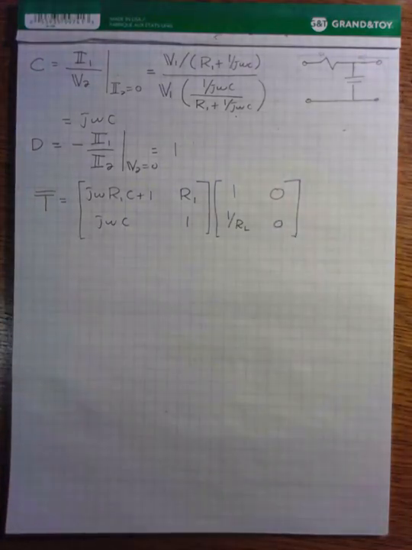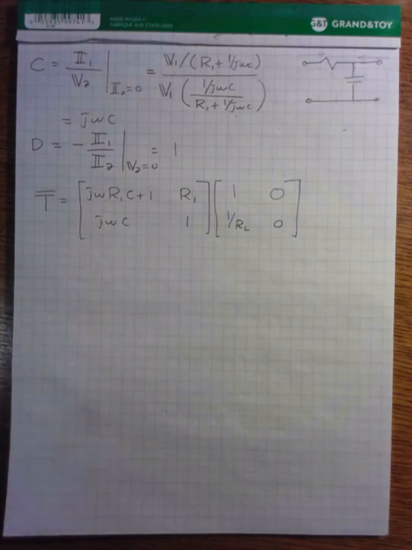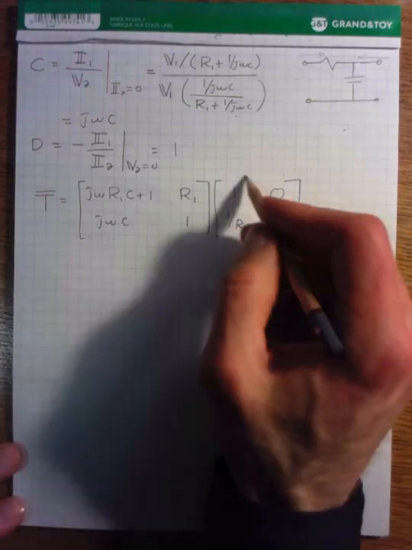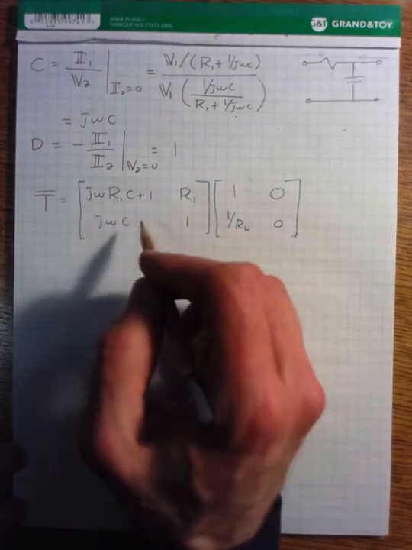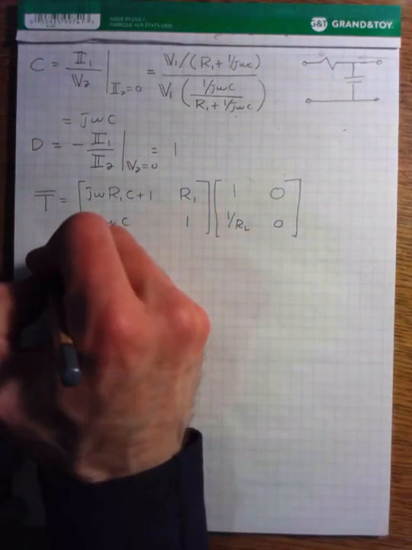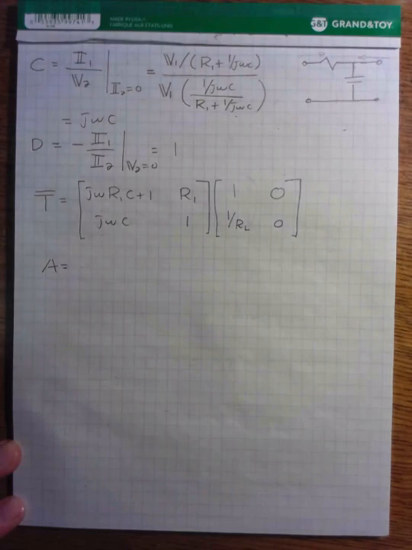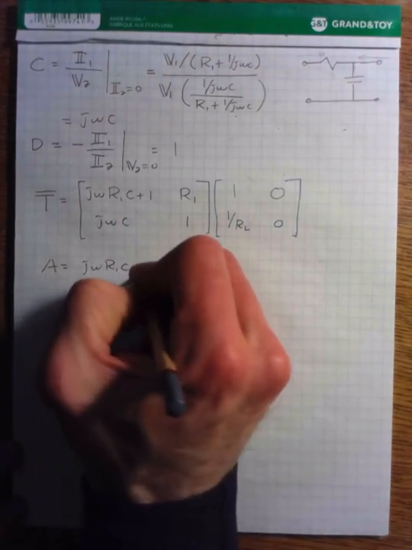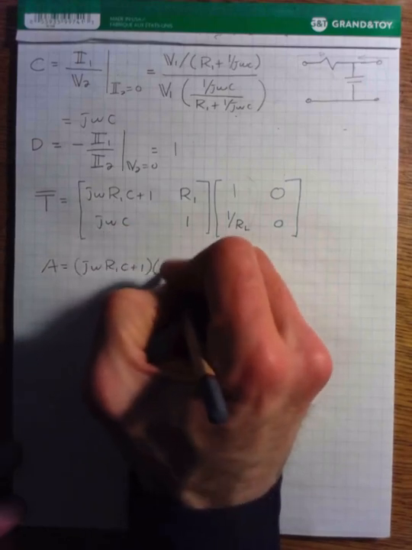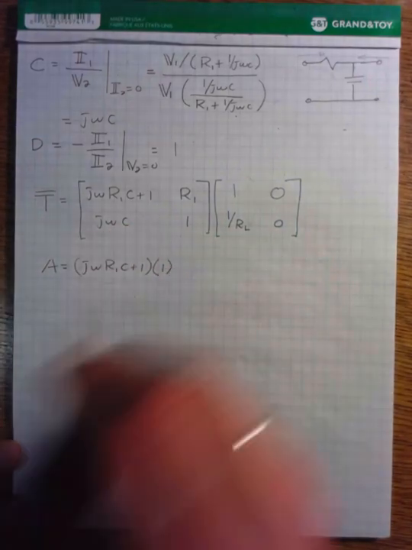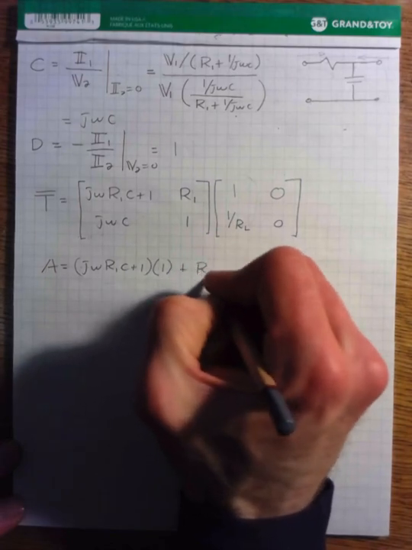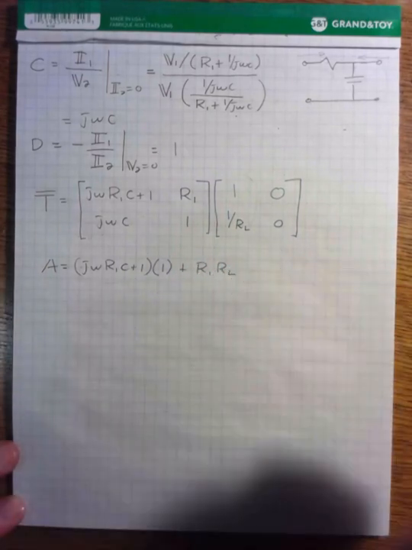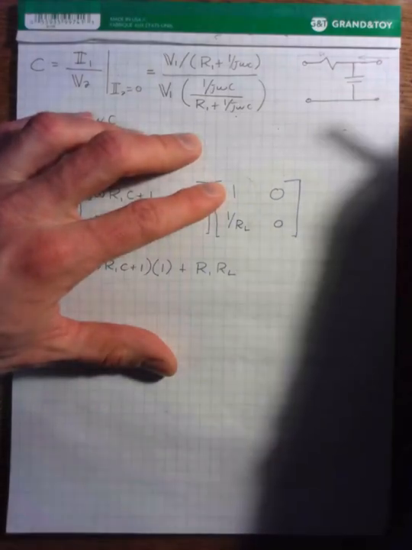And since I'm only really interested in the A parameter in this product, what I'm going to do is just take this first column and multiply it by the first row. So A then is just equal to j omega R1 C plus 1 times 1 plus R1 times RL. Oops, sorry, that's R1 divided by RL.